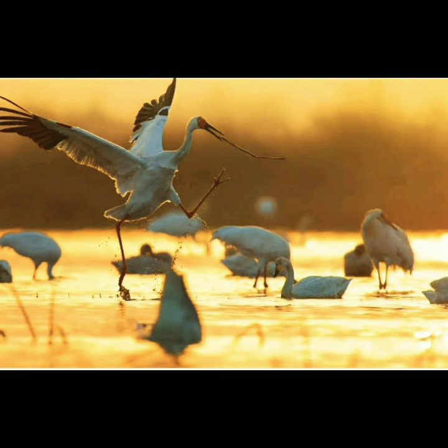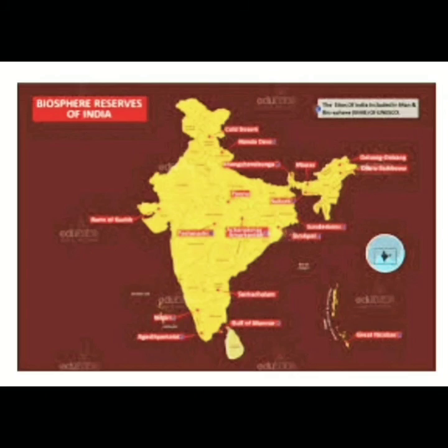And now let's know about the conservation of wildlife. We have many such biosphere reserves in India. There are various ways in which we conserve wildlife, like establishing national parks, wildlife sanctuaries, and biosphere reserves.